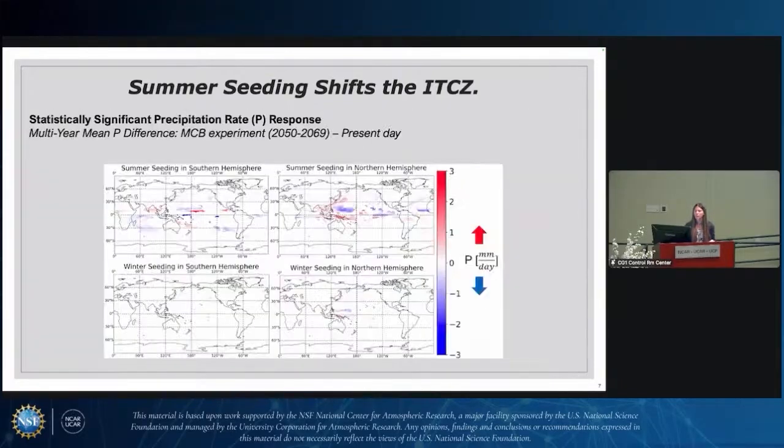And we confirm this with the spatial distribution of precipitation rate response, where we find that the summer seeding strategies lead to changes in precipitation along the equator, where that ITCZ is, whereas the winter seeding strategies lead to little precipitation rate response that is statistically significant.